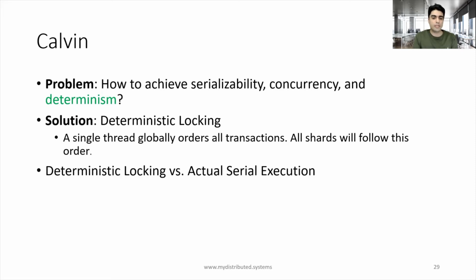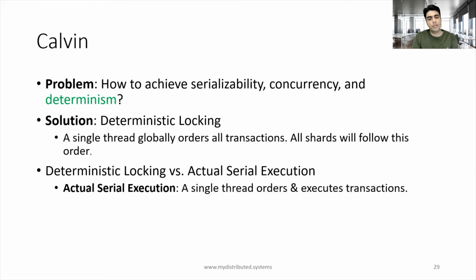So you may ask, then what is the difference between this deterministic approach and actual serial execution? Because in both of them, we say we have a single thread. The difference is, in actual serial execution, a single thread orders and executes transactions.